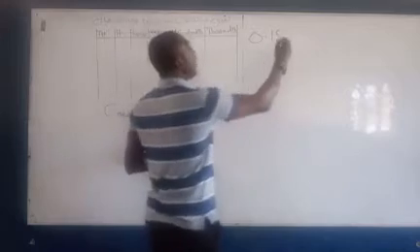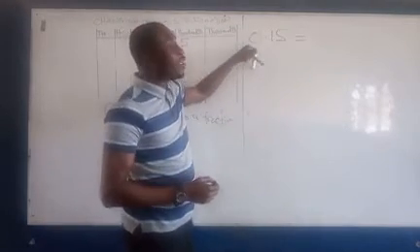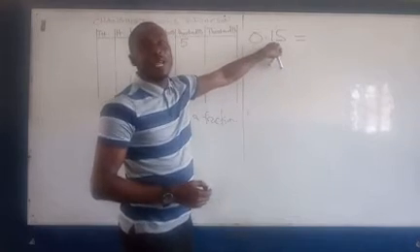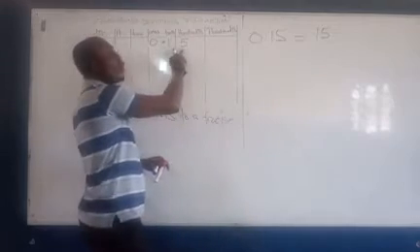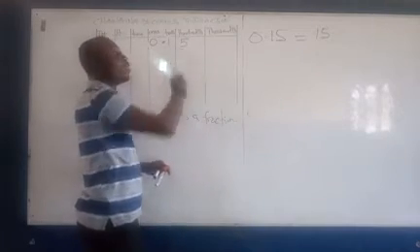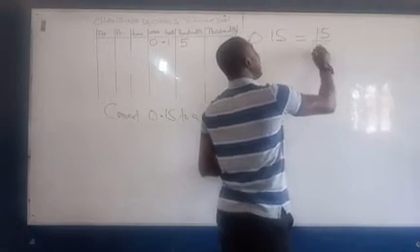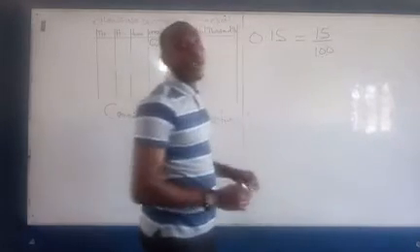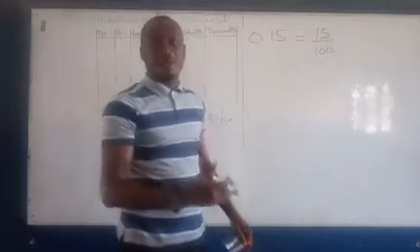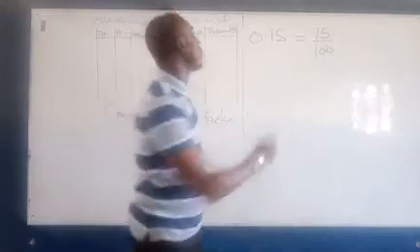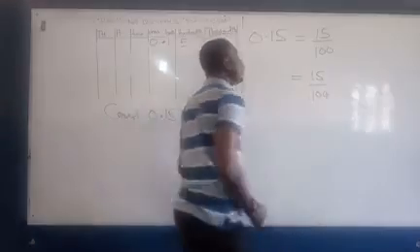So it means that our 0.15, you are going to ignore the 0 and concentrate on the 15. So 15. The last number ended on which column? The 100th column. So it means it will be out of 100. So 0.15 to a fractional form becomes 15 out of 100.